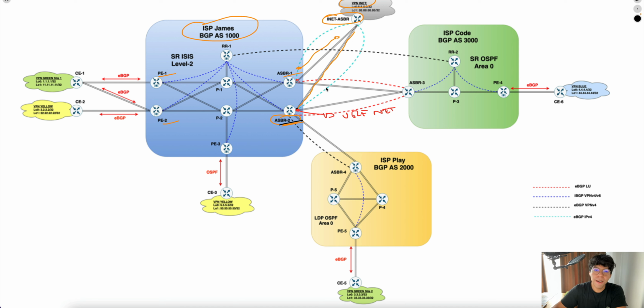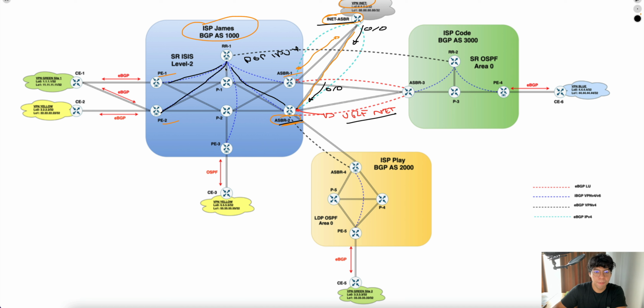Over that VRF, ASVR2 is receiving a default route from the ENET ASVR. The ENET ASVR is propagating a default route towards that session, and ASVR2 is receiving that default route under the VRF INET, okay?